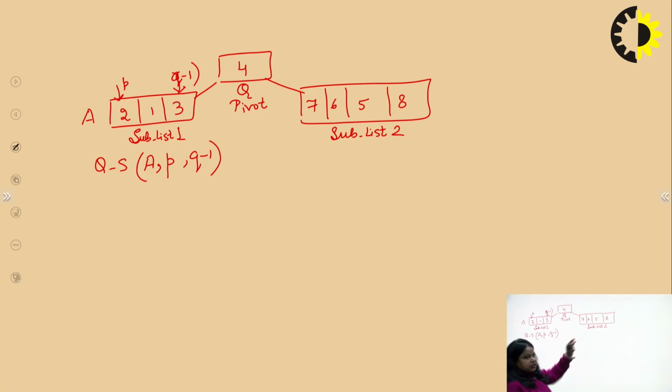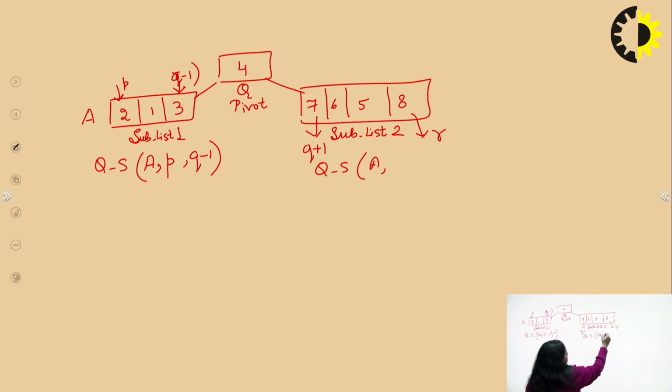And on sublist 2, this element is at Q plus 1 position and this element is R. So we will call the quicksort function A comma Q plus 1 comma R, right?